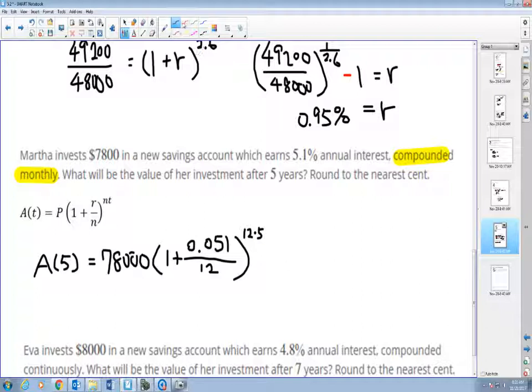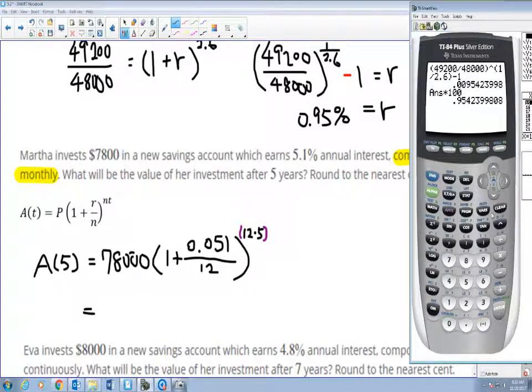When I put this whole thing in the calculator, I know 12 times 5 is 60, but I want to show you that if I type 12 times 5, I put it in parentheses. So 1 plus 0.051 divided by 12, close parenthesis, raised to the open parenthesis, n times t. There you go. That is how much money is in my account. Rounded to the nearest cent, that will be $10,060.16.